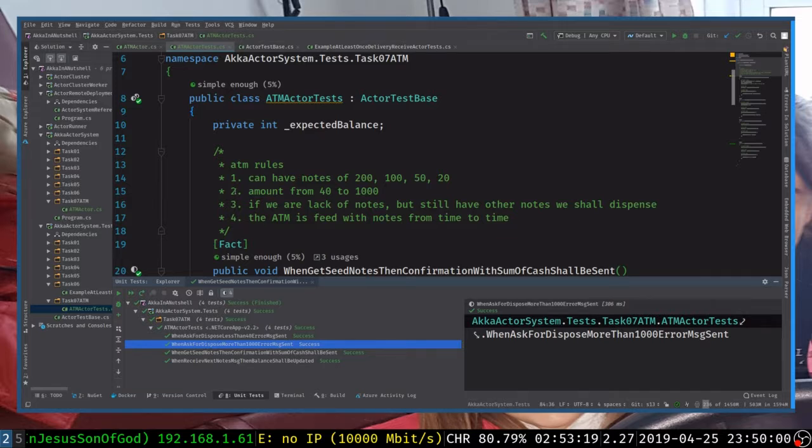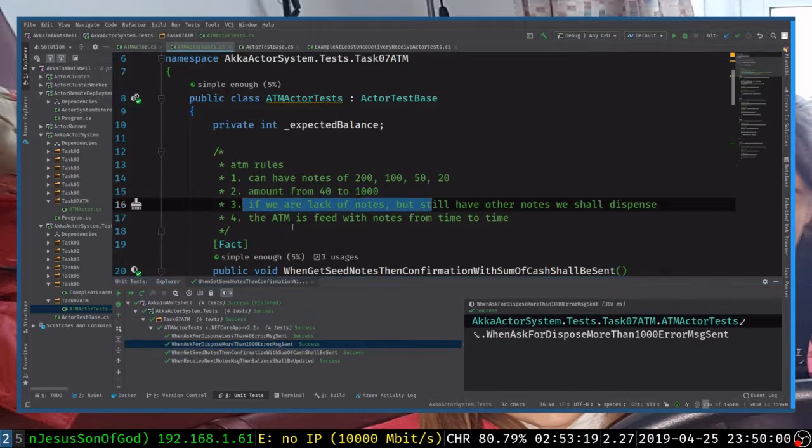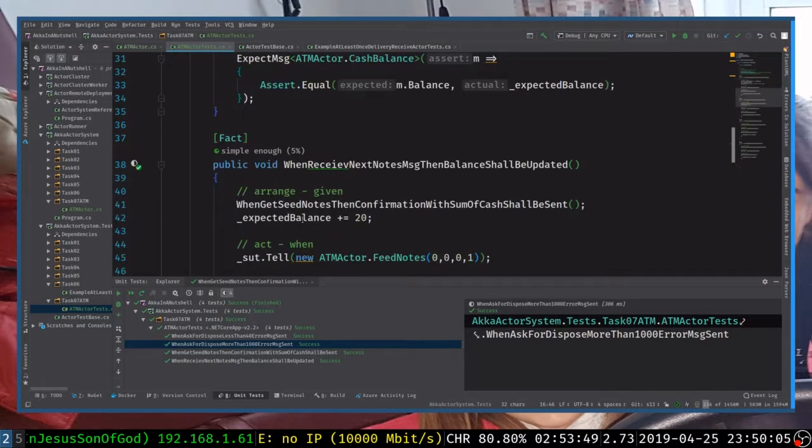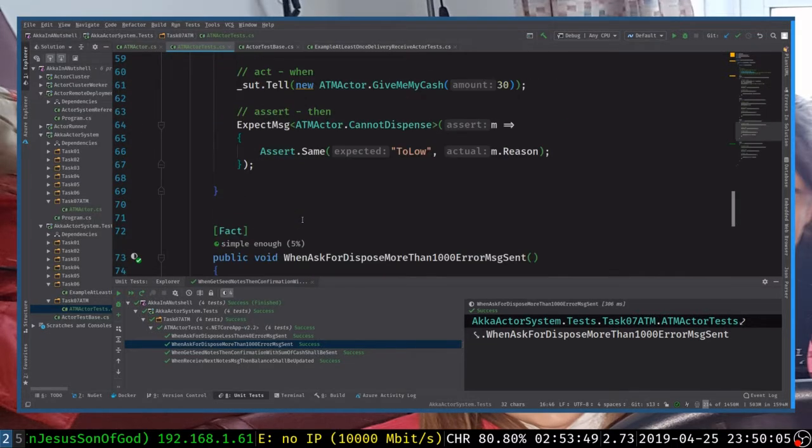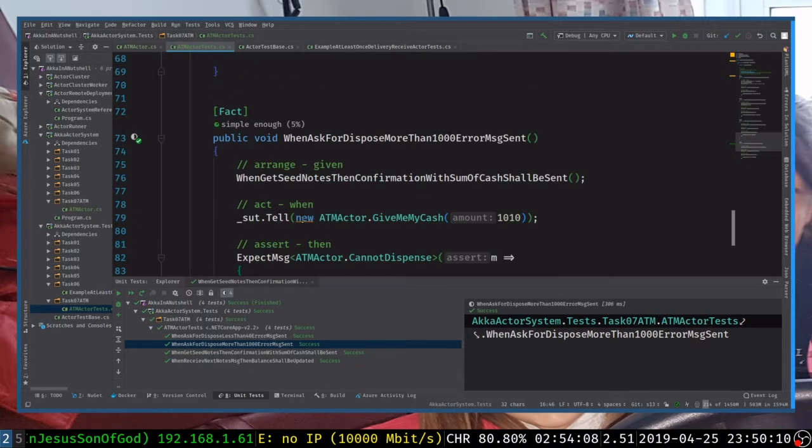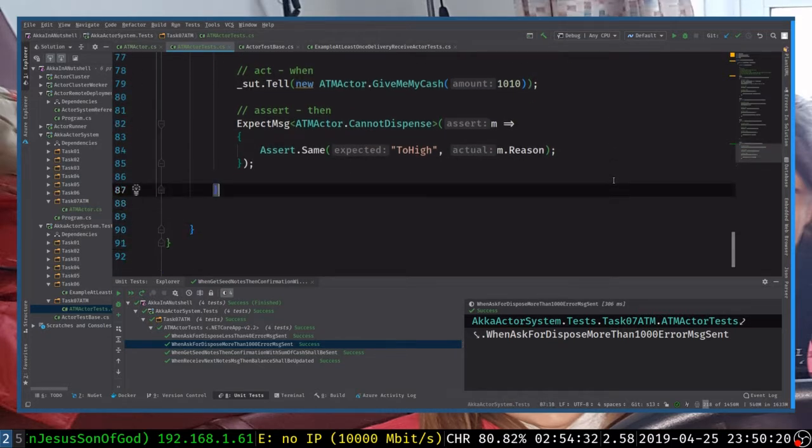Now before we even go to the lack of notes, we still need to be able to dispense some cash if the client or ATM user will ask us, right? So we will do our init and then let's try to dispense some money.